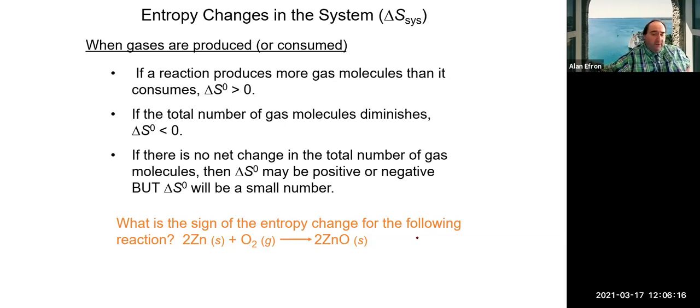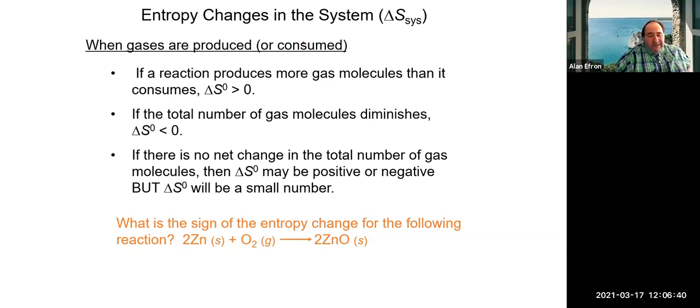A lot more disorder is going to happen, and that means our delta S would be positive. In the actual problem, we ended up with fewer gas molecules, so we had a decrease in entropy and a more negative value.